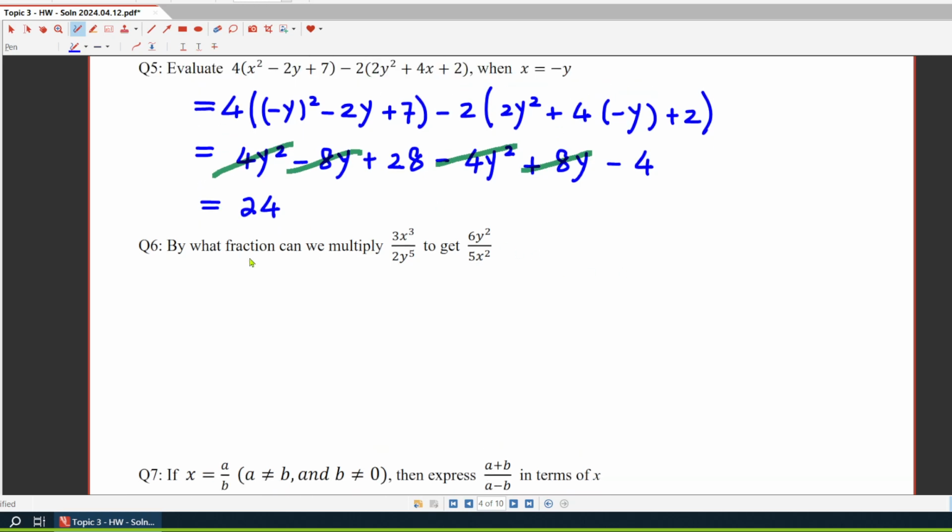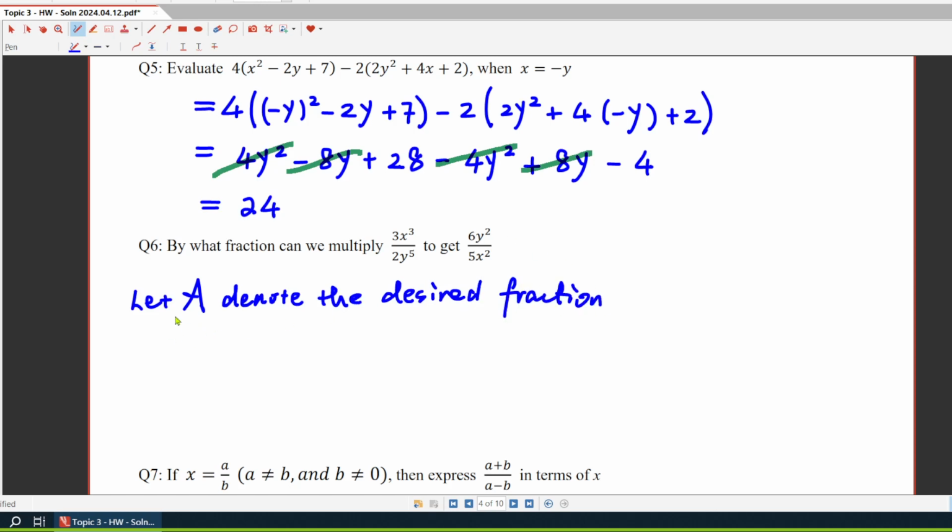Okay, next one. By what fraction can we multiply 3x cubed over 2y to the power 5 to get 6y squared over 5x squared? Okay, let's use letter A to denote the desired fraction.